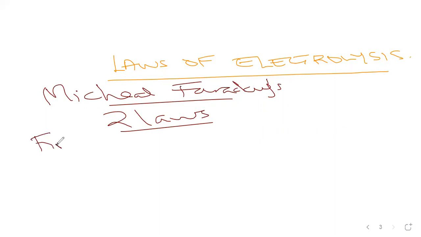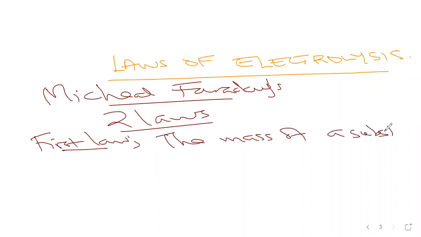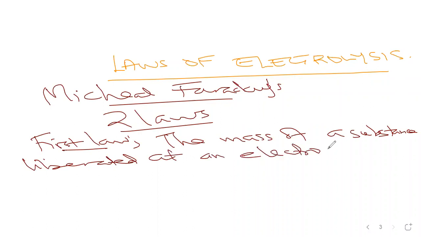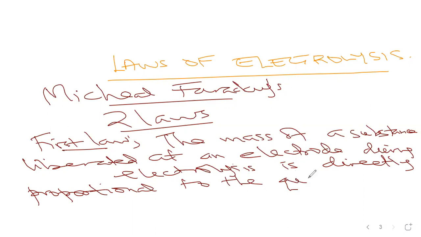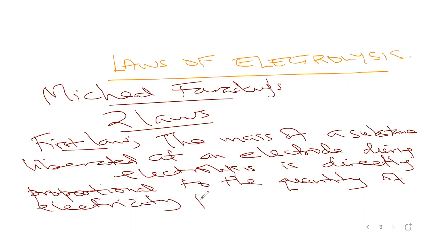In Faraday's first law of electrolysis, he said that the mass of a substance liberated at an electrode, it can be the anode or cathode, liberated at an electrode during electrolysis is directly proportional to the quantity of electricity passed through the electrolyte.